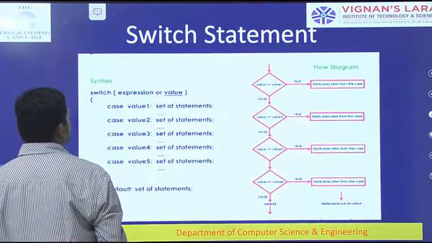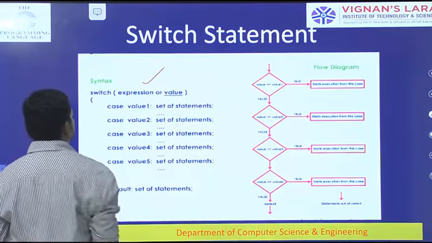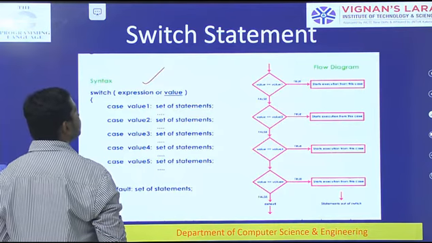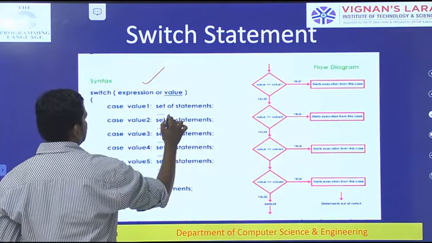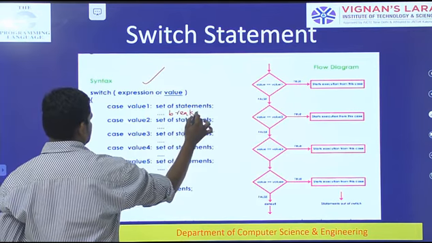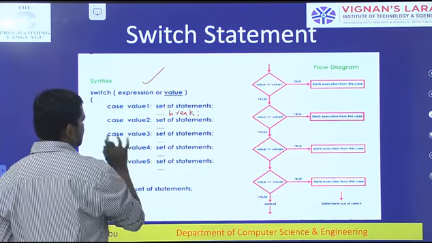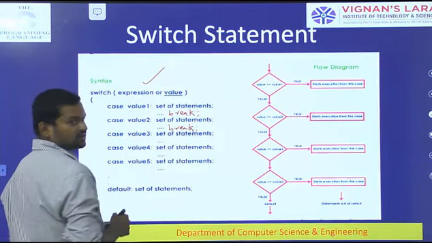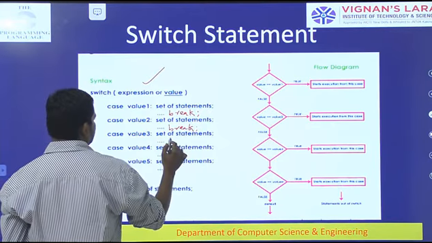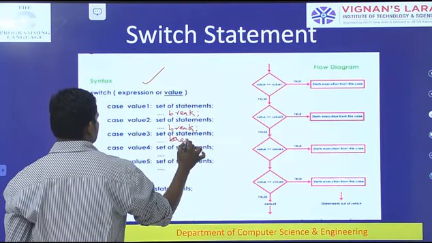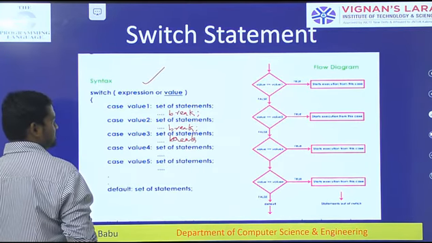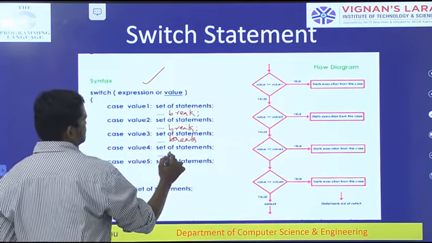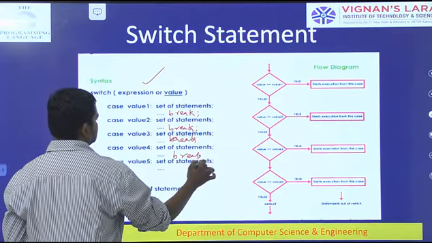Switch statement, the expression or the value we give here, and case value 1, a set of statements ending with break, and case 2, a set of statements ending with break, and so on, up to case 4, each ending with break.